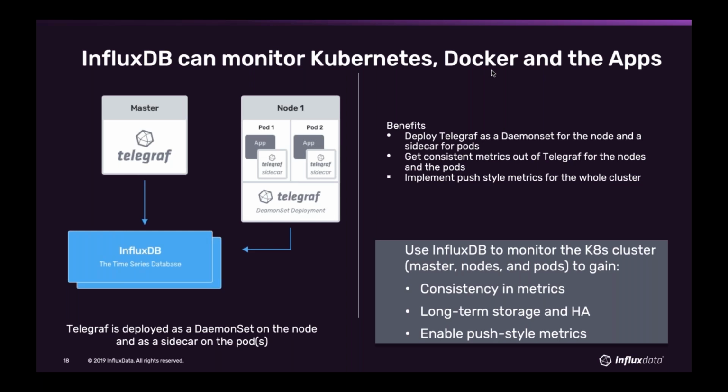And you'll notice with the master node, we have Telegraf coming in from the master node, and then on the first node, we have Telegraf set up as a daemon set, and then we have a sidecar instance of Telegraf on both pods. So we're pulling in data and able to get consistent metrics from Telegraf for the nodes and the pods.